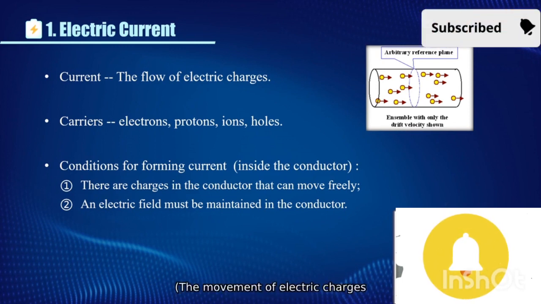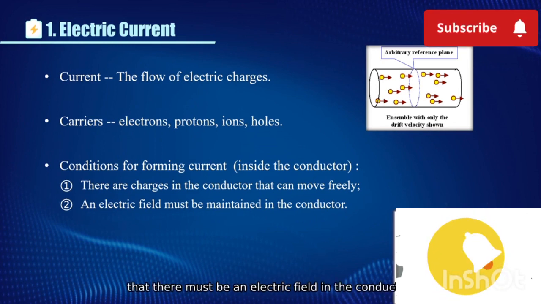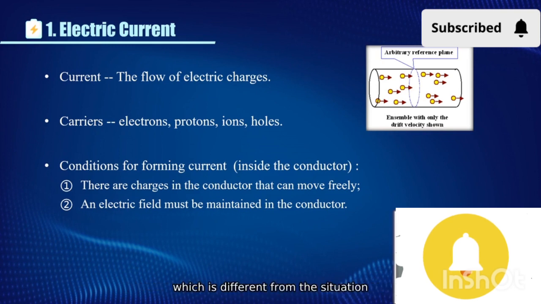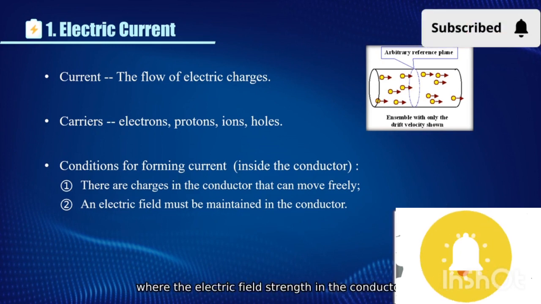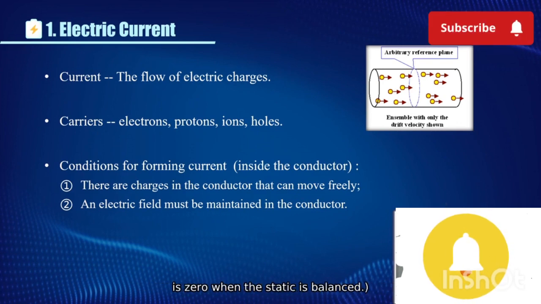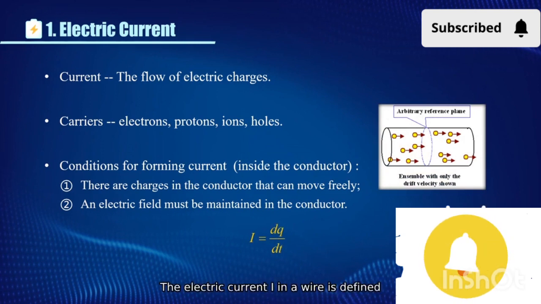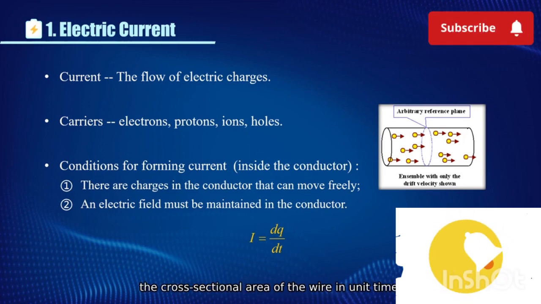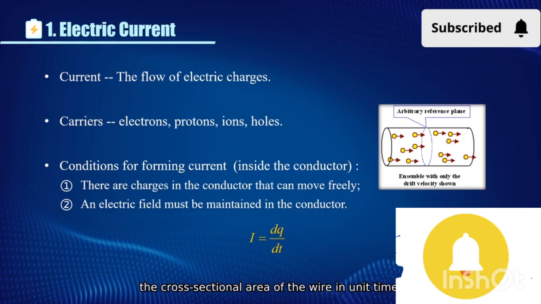The movement of electric charge in the conductor indicates that there must be an electric field in the conductor, which is different from the static equilibrium situation where the electric field strength in the conductor is zero. The electric current I in a wire is defined as the amount of charge that flows through the cross-sectional area of the wire in unit time.